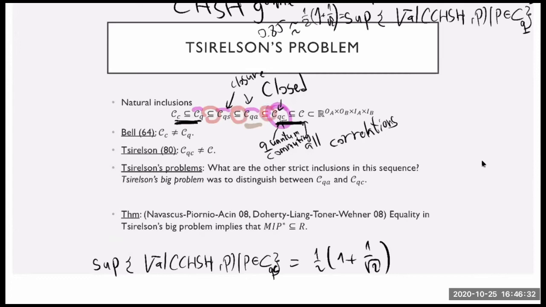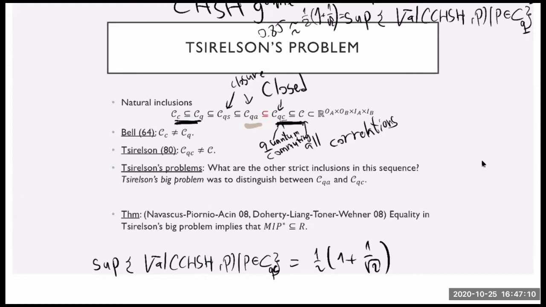There was a reason why I marked this inclusion with red. There are two reasons. All the inclusions here are quite easy to prove, except this one. The fact that the closure of the quantum spatial correlations sits inside the quantum commuting is not easy, and it would follow from the fact that it is closed, but that is not so easy to show.